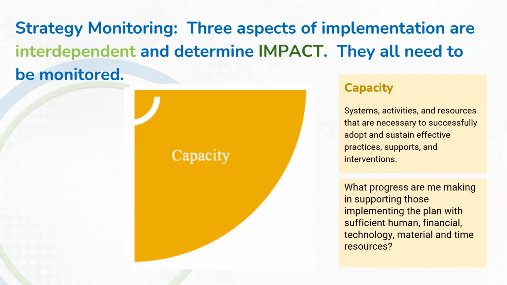So the definition: systems, activities, and resources that are necessary to successfully adopt and sustain effective practices, supports, and interventions. And the question: so what progress are we making in supporting those implementing the plan with sufficient human, financial, technology, material, and time resources?